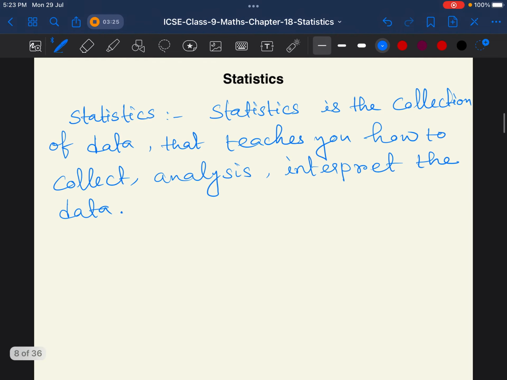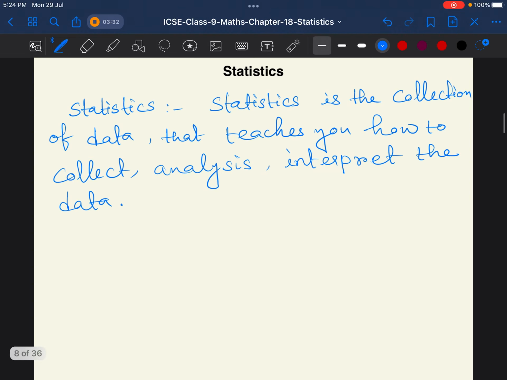So where do we use statistics? It is used by organizations like government, in industry.